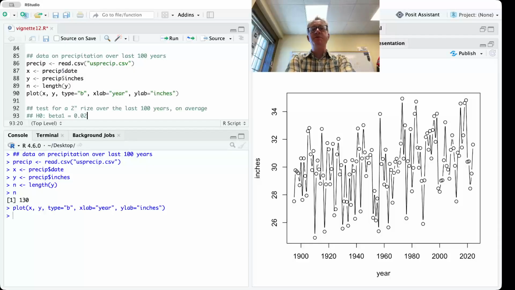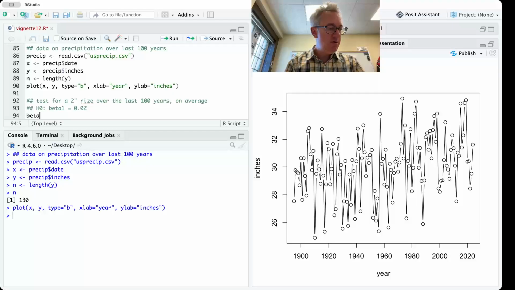So the slope would be 0.02 to result in a 2-inch increase over a 100-year span, which we're going to check against these 130 years of measurements. Okay, so beta 1 is 0.02.